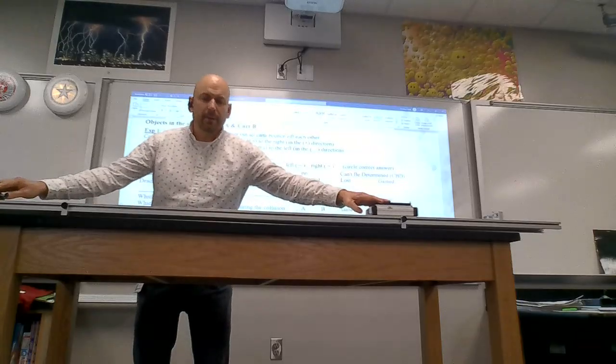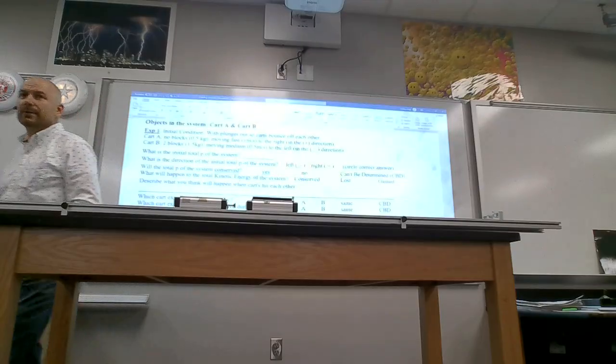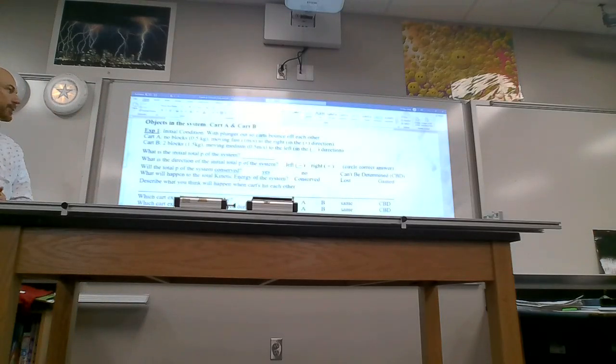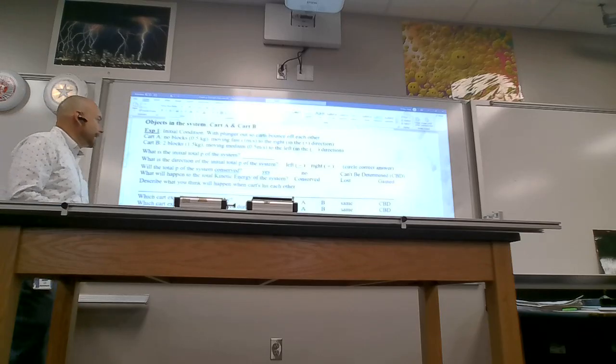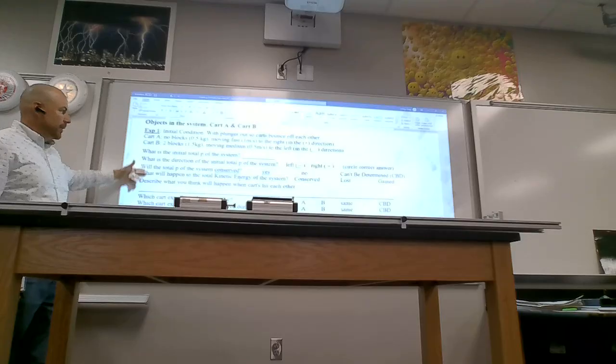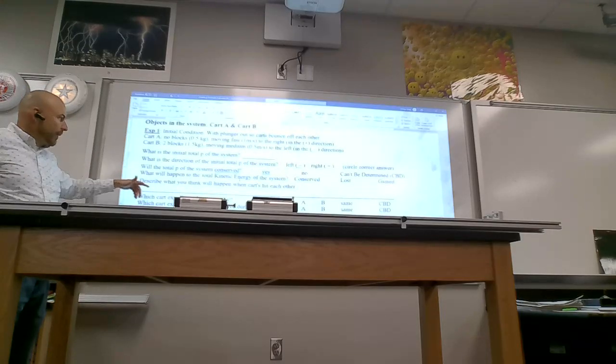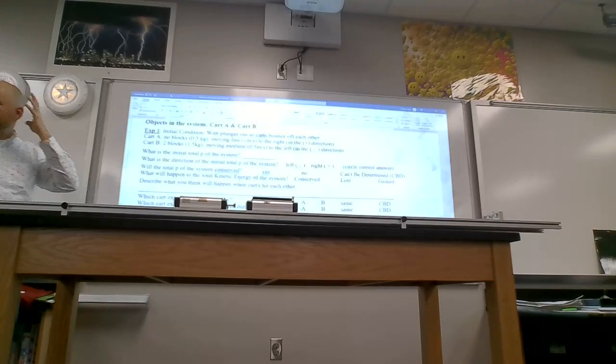What's going to happen when they collide? Okay, so get out your calculators, and I want you to answer these first couple questions here. You don't have to write down what you think, but have a mental image of what you think is going to happen afterwards.